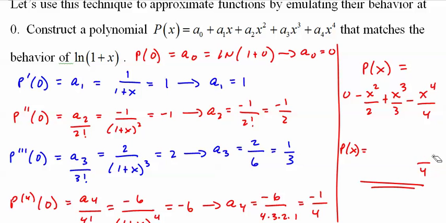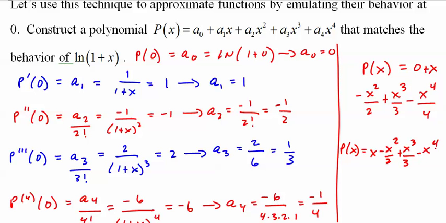I'll just shove it up top. I missed my 1. Oops. 0 plus x minus x squared over 2 plus x to the 3rd over 3 minus x to the 4th over 4, which is a 4th degree Taylor polynomial.